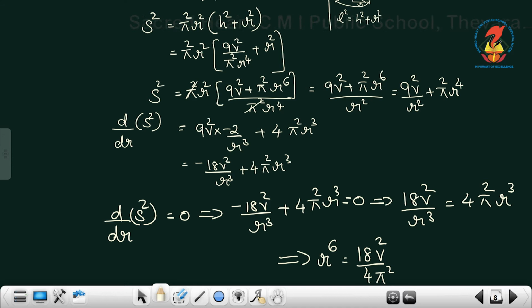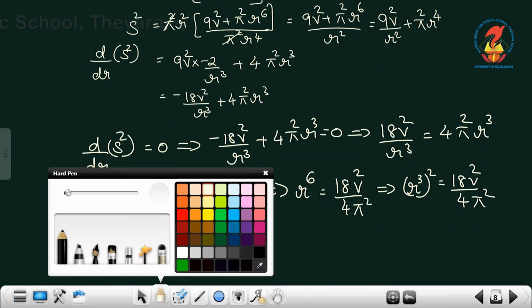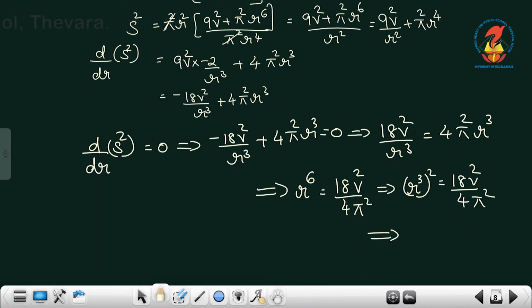Or what is the root of that? R raised to 6 I can write as r cube square. So what is r cube? R cube means taking square root. Root 18 v by 2 pi. You can stop there.